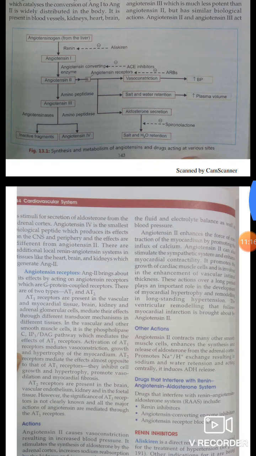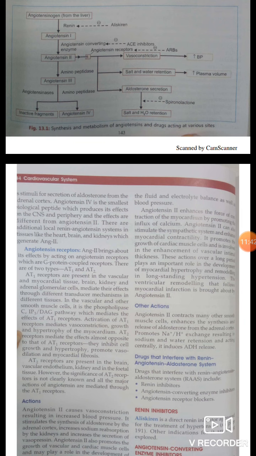And the third class, which acts as an antihypertensive agent, is ARBs, angiotensin receptor blockers, which have an effect like a competitive antagonist, right? Competitive, it will compete for the place on the receptor.